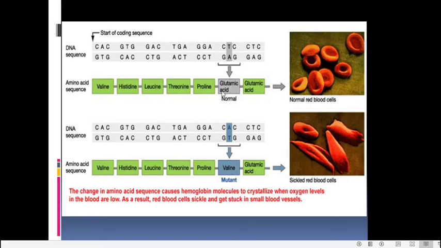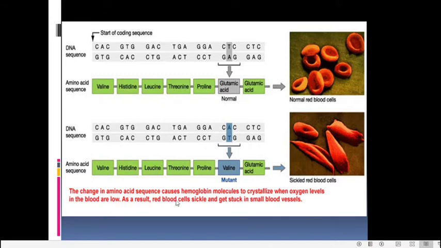This arises because of a single point mutation that changes A into T. So this is an example of a substitution mutation or a point mutation.